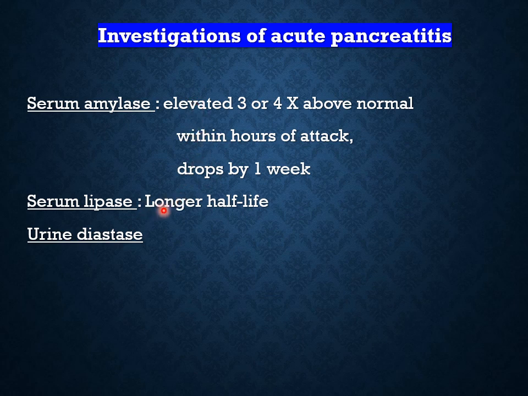So it is more reliable if the patient comes to you 1 or 2 days after the acute attack. Urine diastase is another important test. With pancreatic damage, there's an increase in urine diastase.